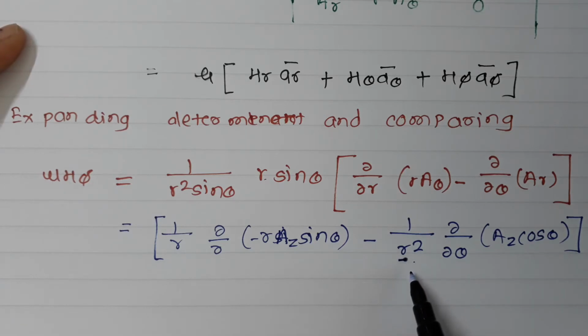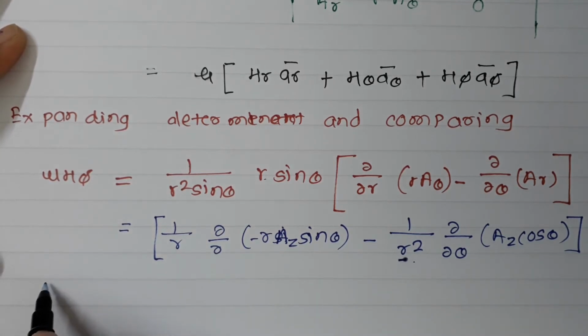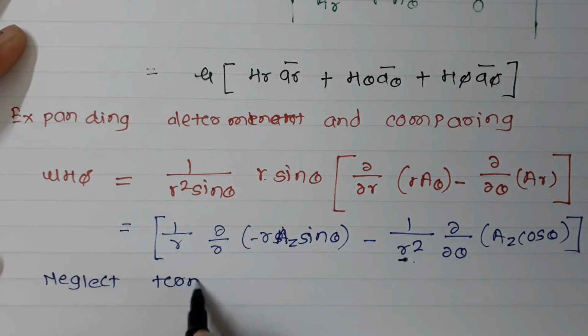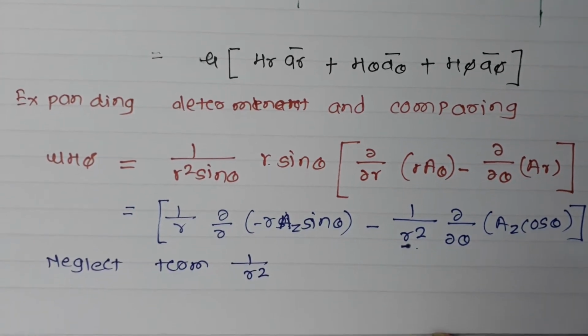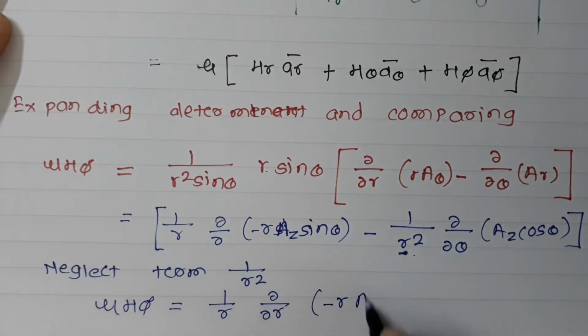In practice we use the antenna to transmit over large distances, so there is nothing wrong in making this approximation. So we neglect the term 1 by r square. If I am neglecting this term, my new equation will become mu h phi is equal to 1 by r d by dr minus r az sine of theta.